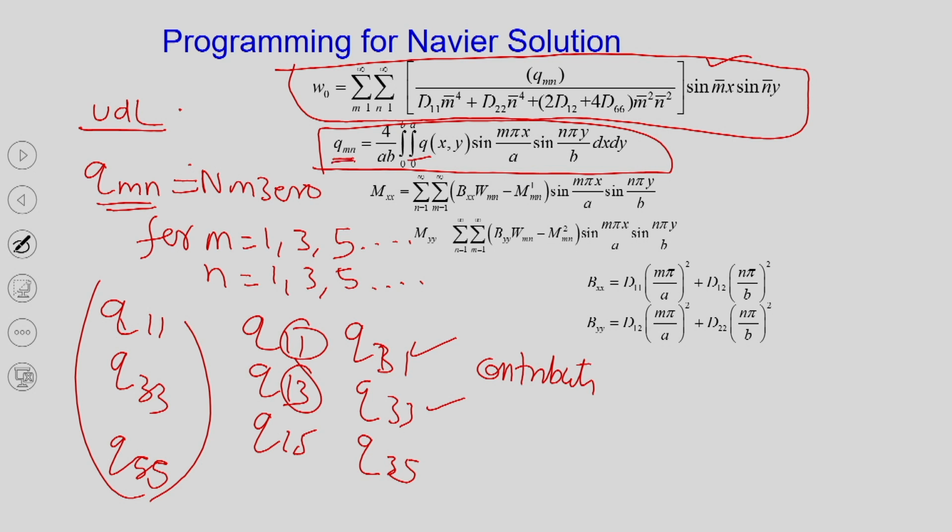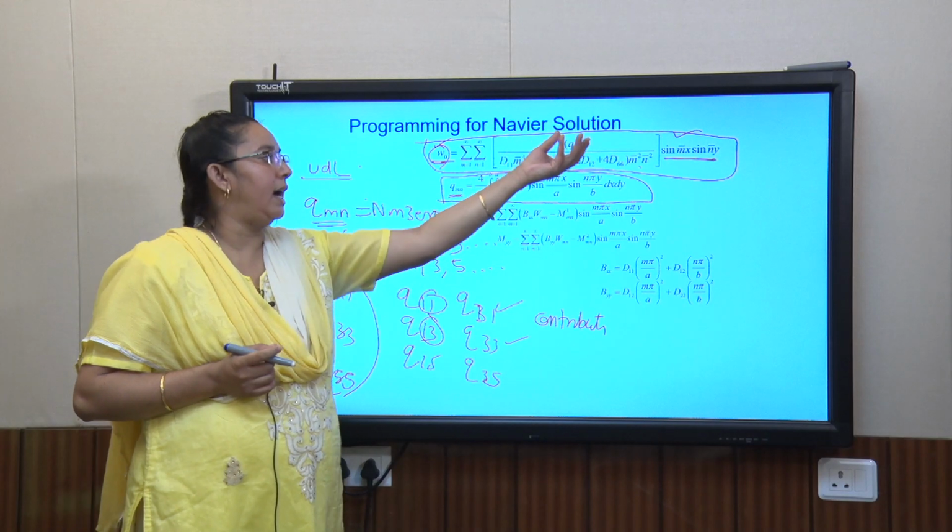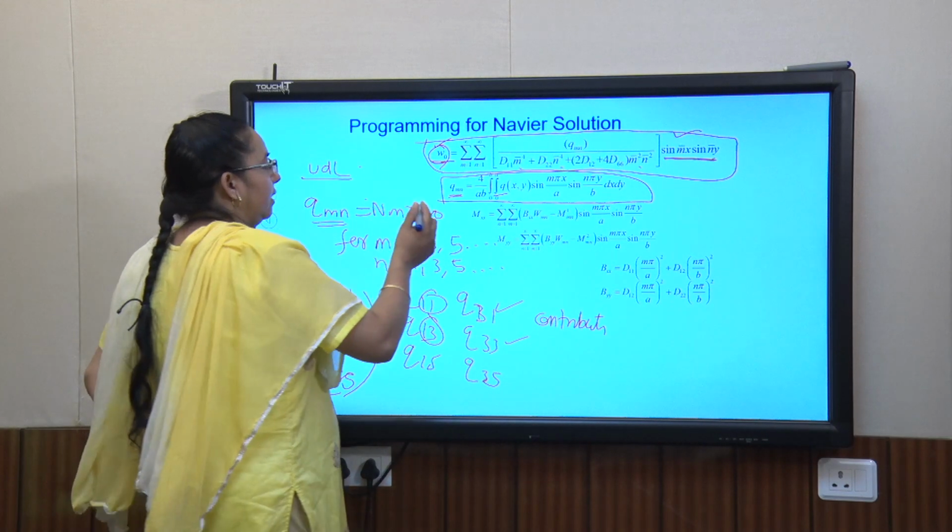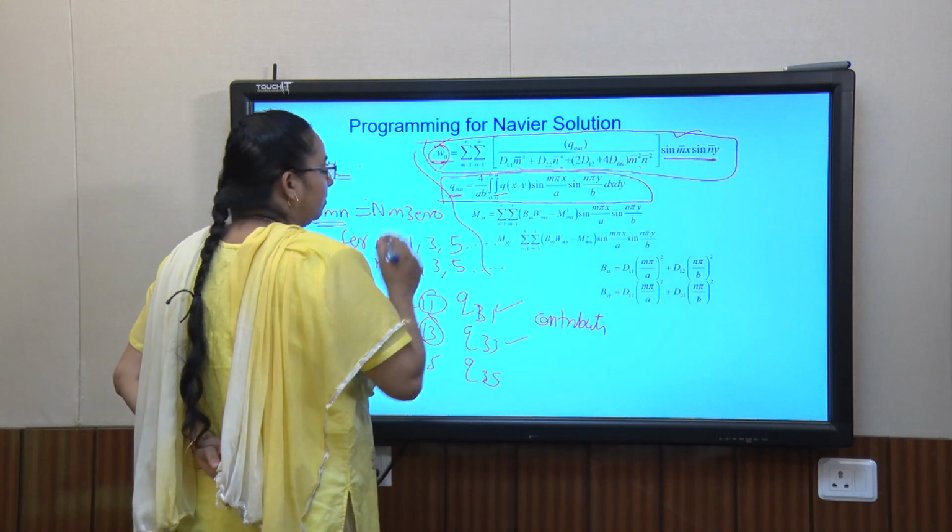Then similarly here we have a term that depends on sin m bar x and bar y, with m and n, so for different m and n values you get some values and take the summation.